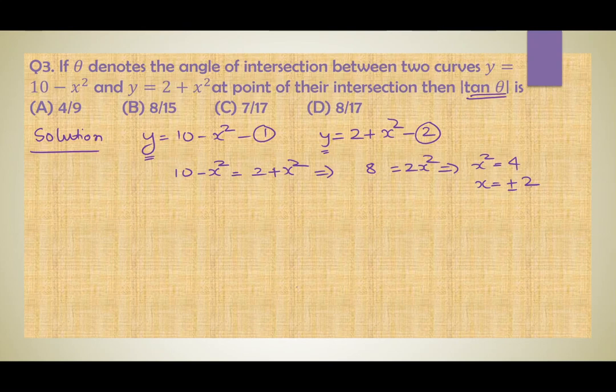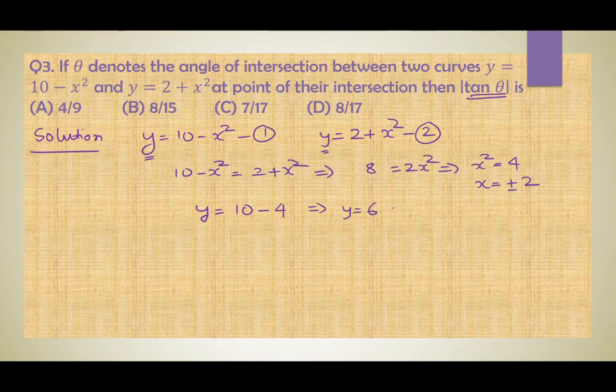Now, in order to obtain the value of y, I need to substitute that in any one of the two equations. Suppose I substitute that in equation 1, I'll get y is equal to 10 minus plus minus 2 the whole square, which is of course 4. So how much is the value of y? y comes out to be 6.